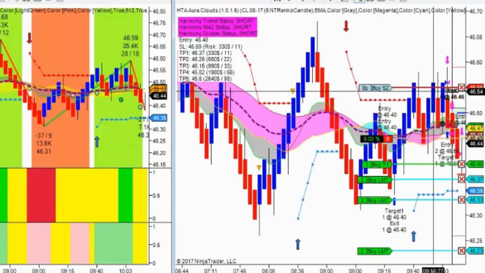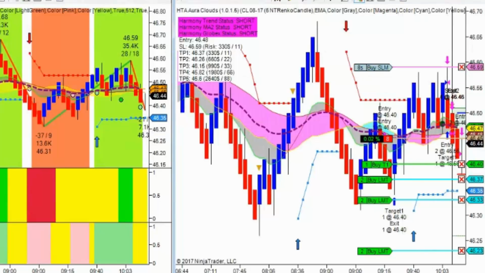If I can get rid of a couple of contracts, then I'll add them back in. I just want to pay for the trade, so this way it'll be a little bit more relaxed. I would have patience with the trade if I already paid for it.